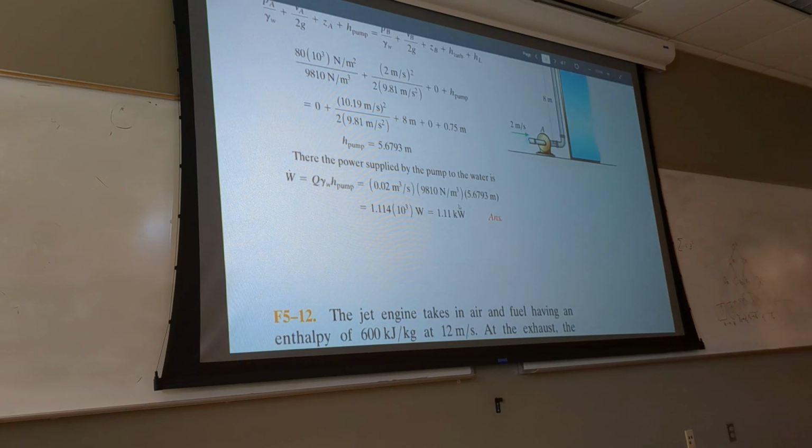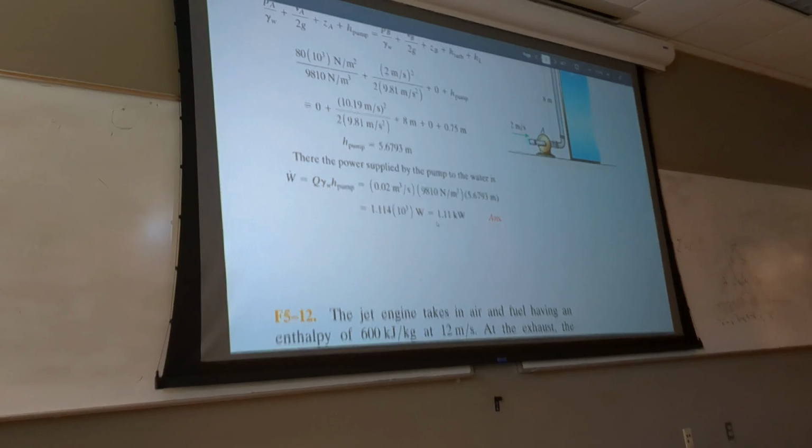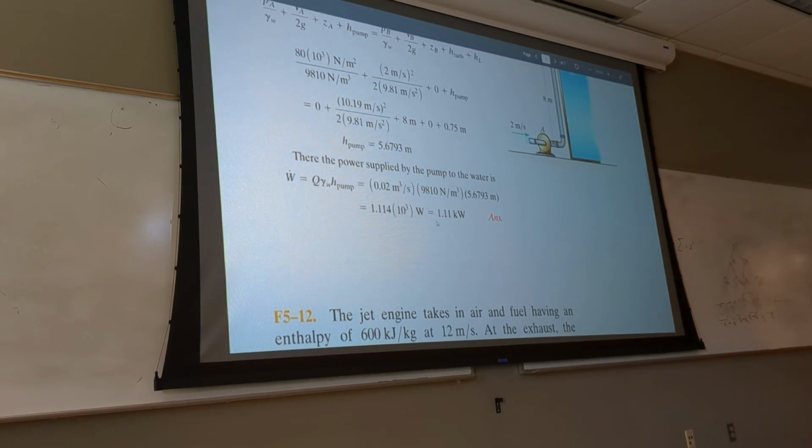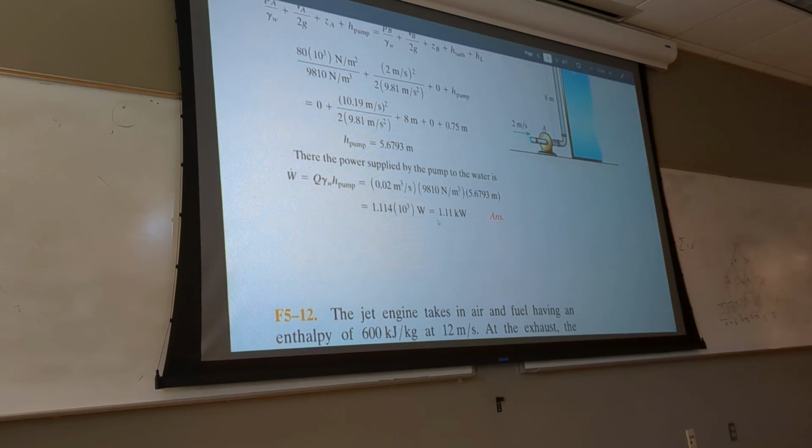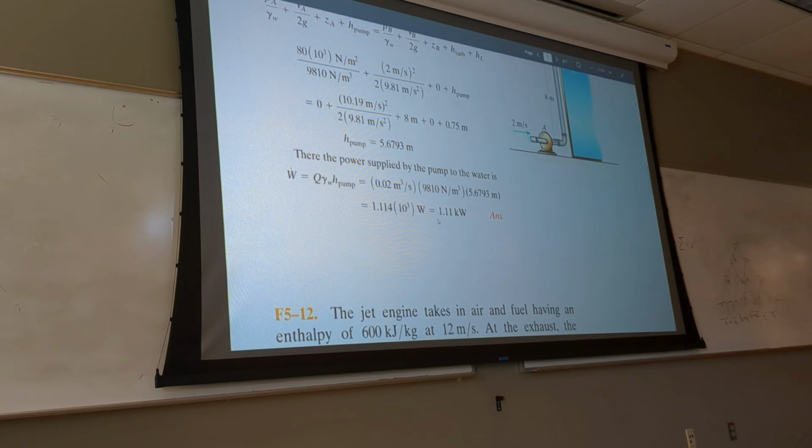You divide by 0.9. So it's more than 1.1 kilowatt. How much is it? 1.1 divided by 0.9. So it's 1.2 kilowatt. So you have about one light bulb more of energy, because the pump is only 90% efficient.